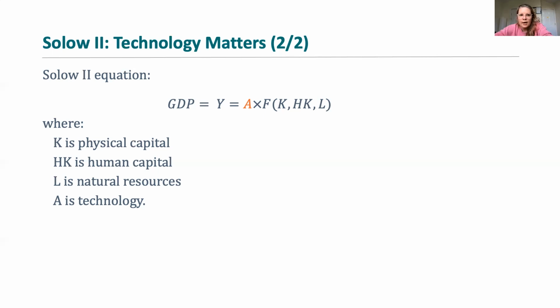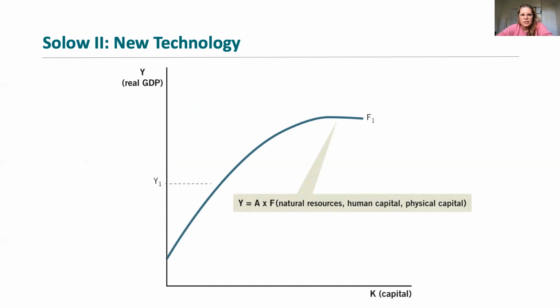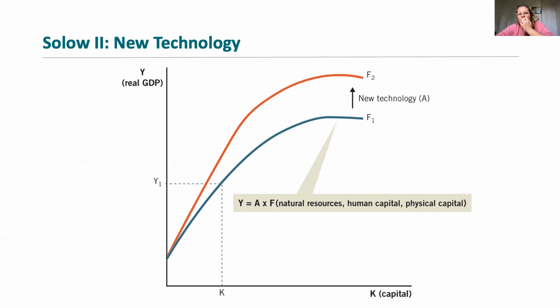The multiplier here, capital A, is going to shift that graph upward, but not in a parallel way, because that's not how math works. Let me show it to you in a graph. Here's an original production function where A is small. And as A grows, it has this multiplier effect on each of the inputs.